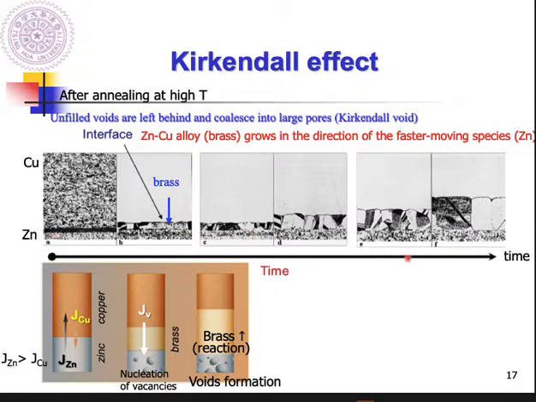And with increasing time, what we have here is that in the beginning of diffusion, the author put the marker at the interface of the zinc and copper. And with diffusion, after a certain period of time, you can observe the thickness of the brass gets thicker and thicker over time.